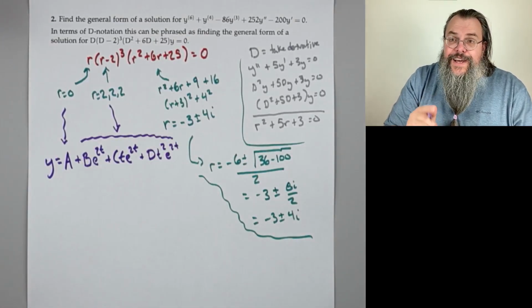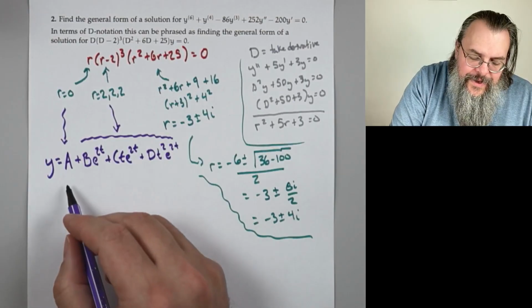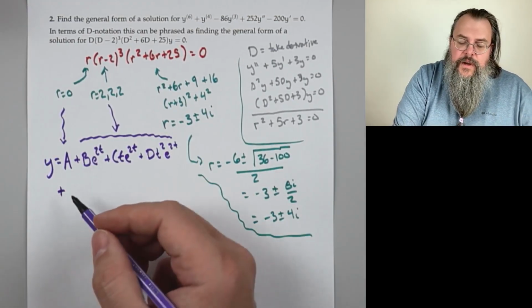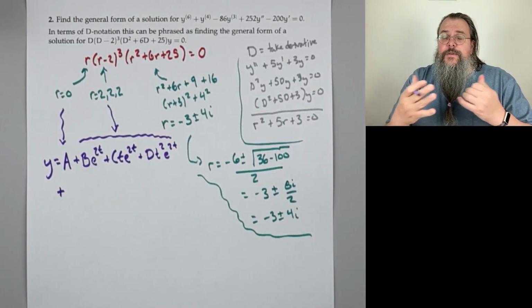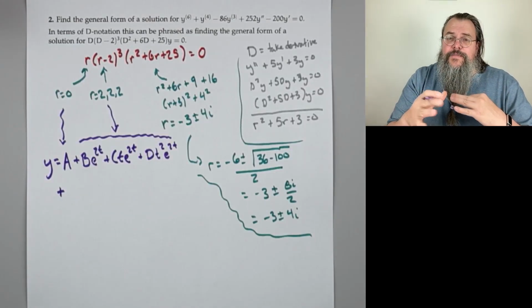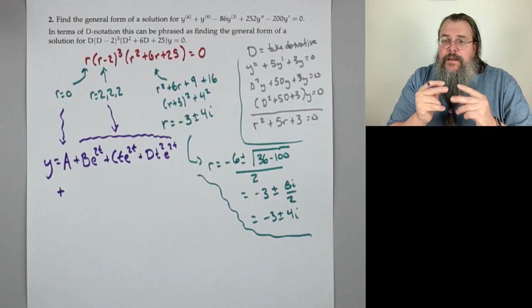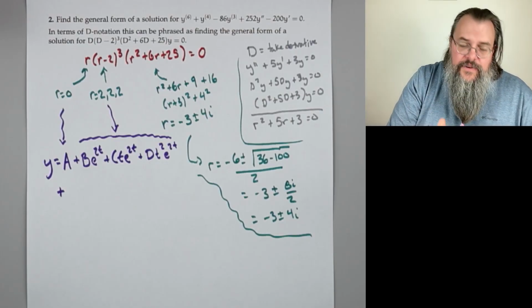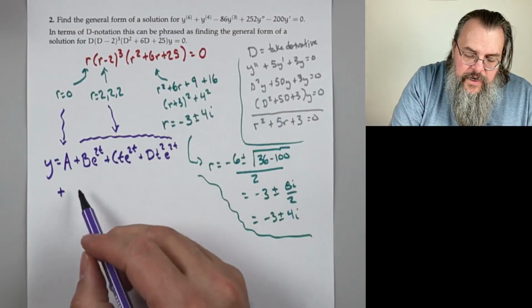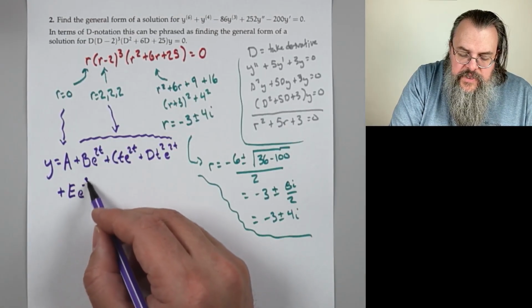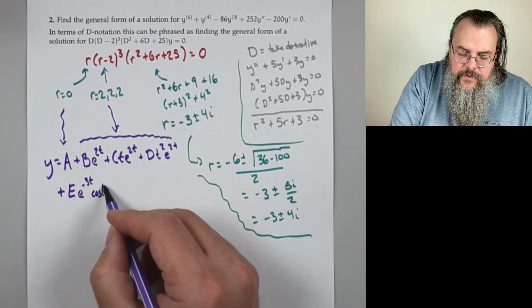But we're not done yet because we still have our complex roots. Now remember, complex roots are going to come in pairs where we have sines and cosines. The real part goes into an exponential, and then the imaginary part goes into the sines and the cosines. So we see the real part, so we say, okay, capital E, e to the minus 3t cosine of 4t, right?